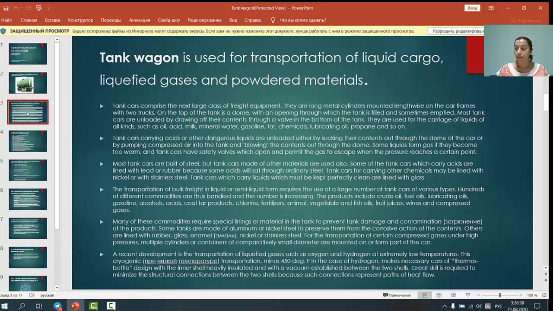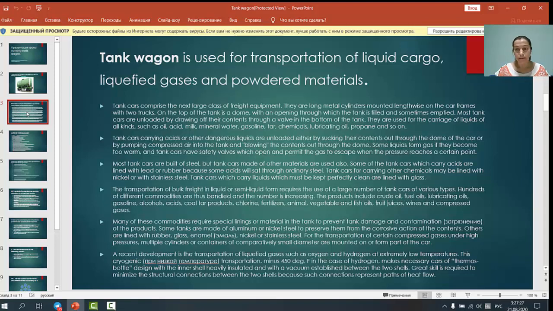These cryogenic transportation, minus 450 degrees in the case of hydrogen, makes necessary cars of thermos bottle design with the inner shell heavily insulated and with a vacuum established between the two shells.